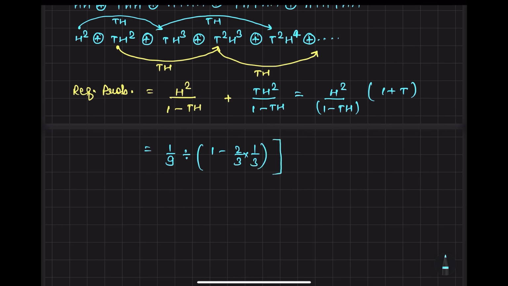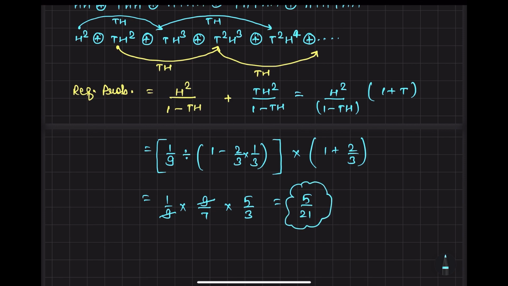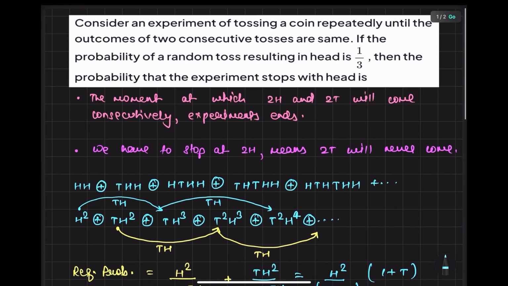So this is the first thing multiplied with 1 plus 2 by 3. Okay, I hope till this part you guys are comfortable. Just go with simplification and things are done. So 1 by 9 multiplied with 9 by 7 multiplied with 5 by 3. So this thing is gone, we are left with 5 by 21. Okay, therefore the required probability is 5 by 21.